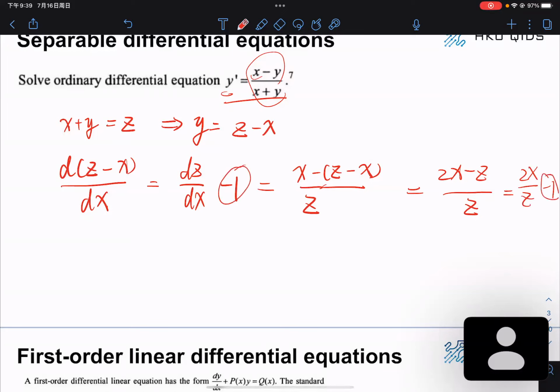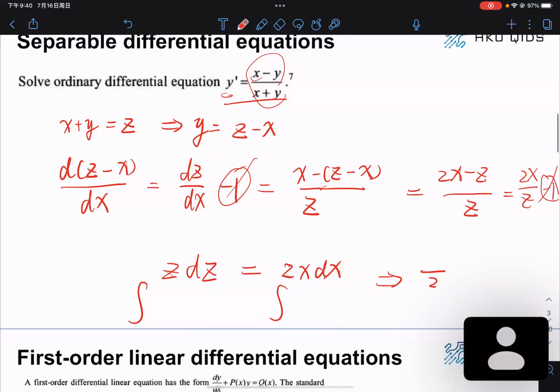So both minus 1s are canceled out. So we have z dz equal to 2x dx. And then we take the integration. And then we are going to have z squared over 2 equals x squared, plus c.